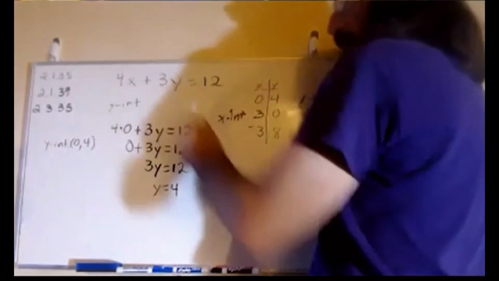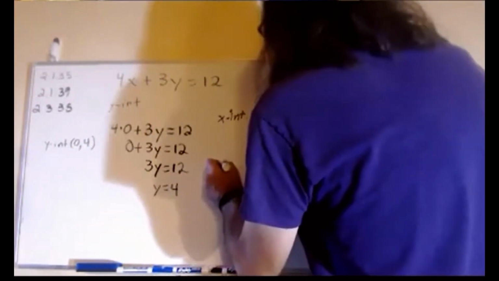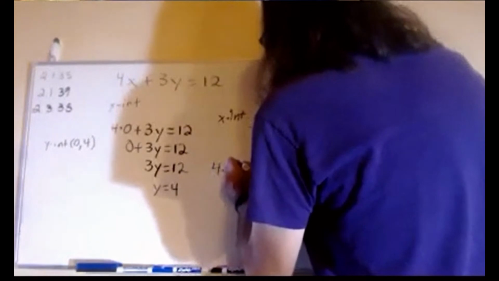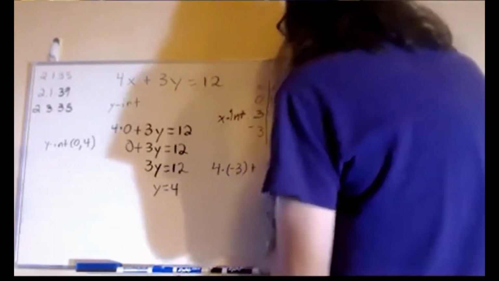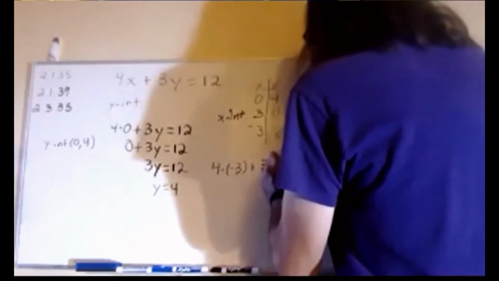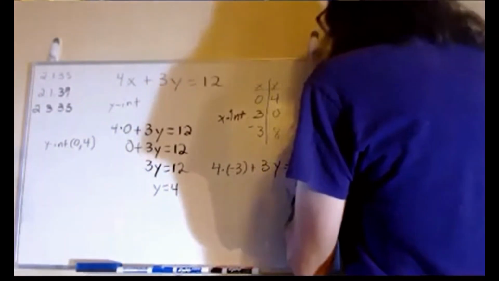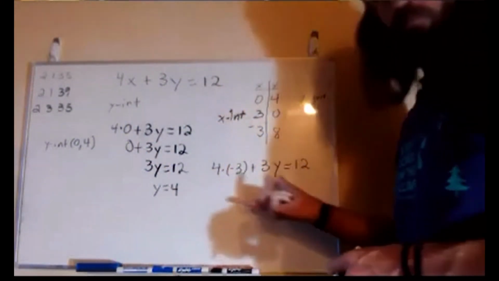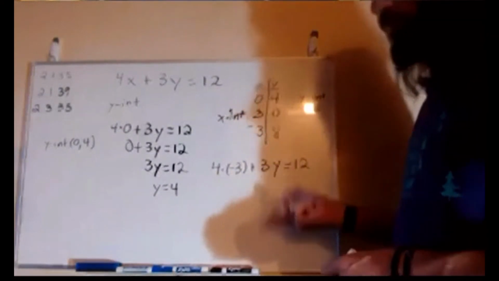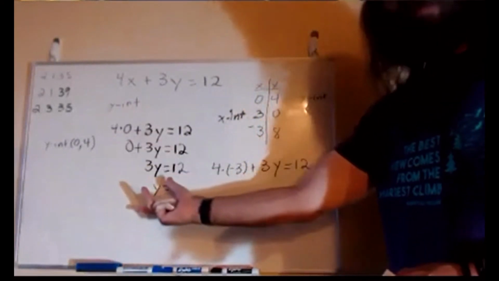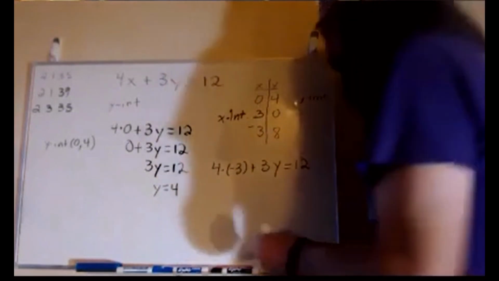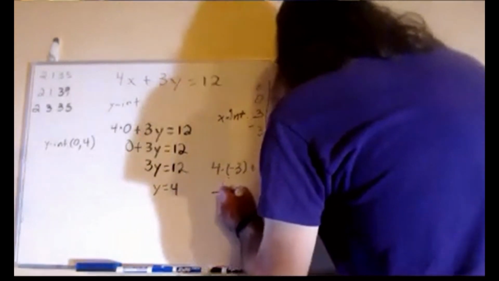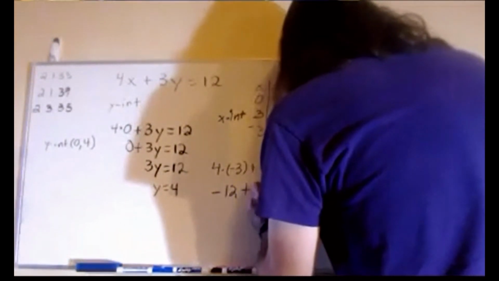Let's put in -3 for x and see if in fact we do get that y would equal 8. In this case, this would require more of the work like what I initially showed here because we're not dealing with 0. 4 times -3 is -12.